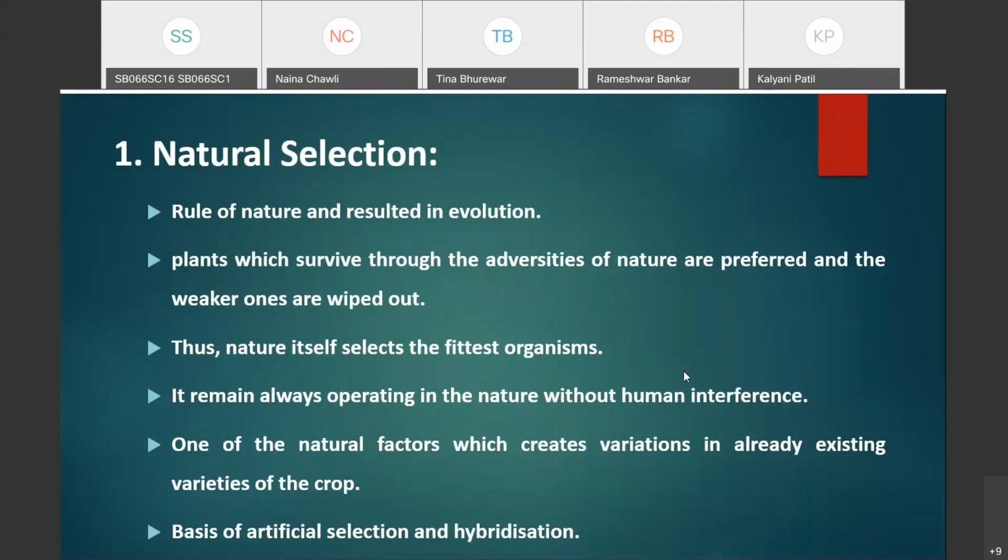Natural selection is the rule of nature and it results in evolution. Plants which survive through the adversities of nature are preferred and the weaker ones are wiped out.